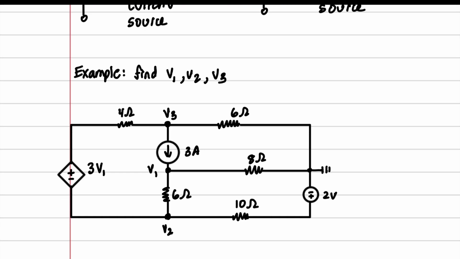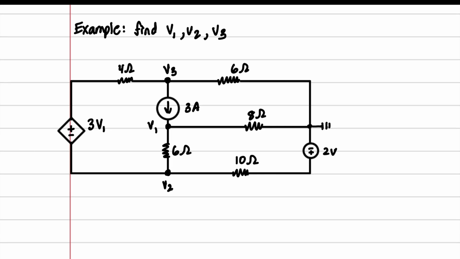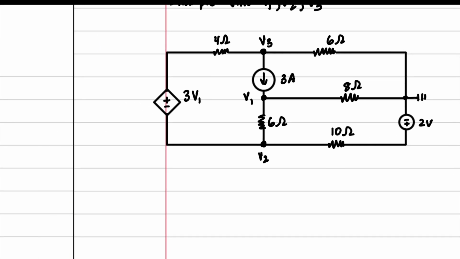So here's the first example, and thankfully we've already labeled all of the nodes. There is one node that I would like to expand a little more, and that's V2. So this is a super node, and unfortunately I did not have a video on super nodes.